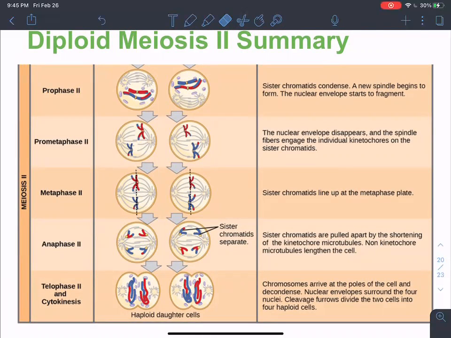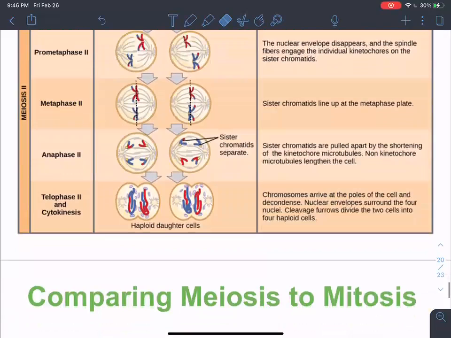So this is metaphase 2, they're lined up on the plates. In anaphase 2, the spindle fibers begin to pull them apart and separate the sister chromatids to opposite poles. Once they're at opposite poles, you start to have the cleavage furrow, and you'll also see the nuclear envelopes start to surround the 4 nuclei, and you will end up with 4 unique haploid daughter cells.